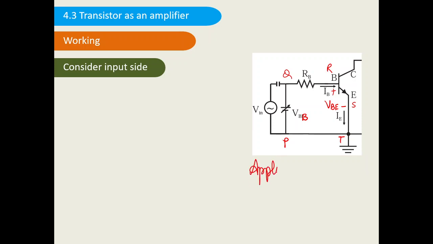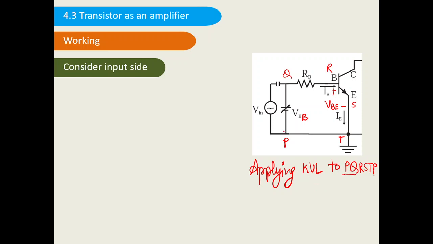Applying KVL to PQRSTP. The first and the last one should be the same, so that you can say it is a closed circuit, closed loop, closed mesh. KVL is applicable only for closed meshes or closed circuits.